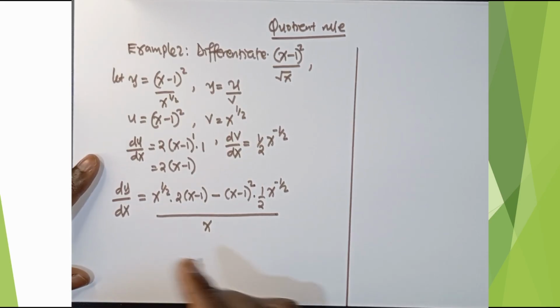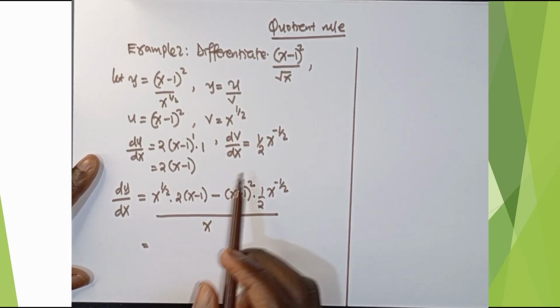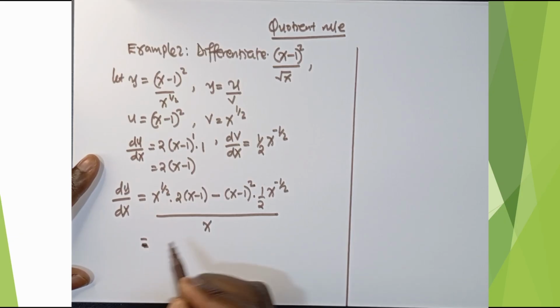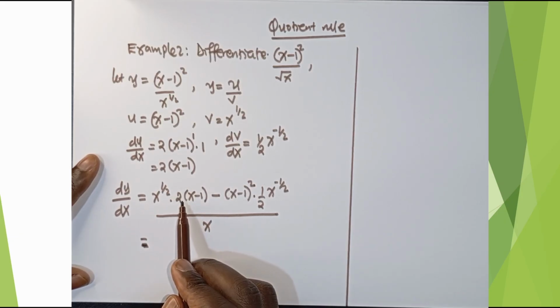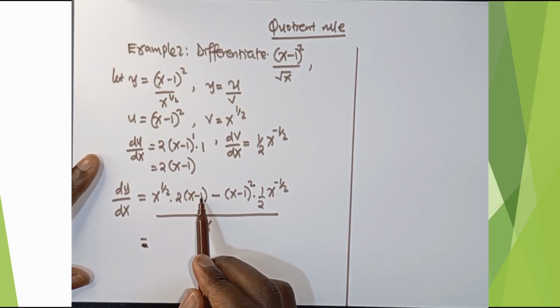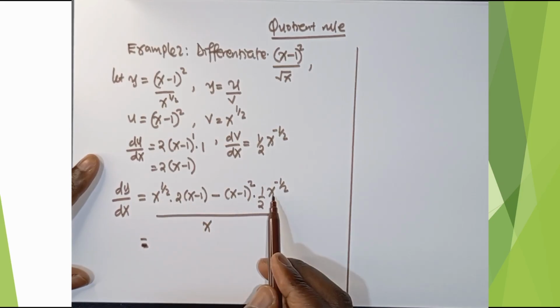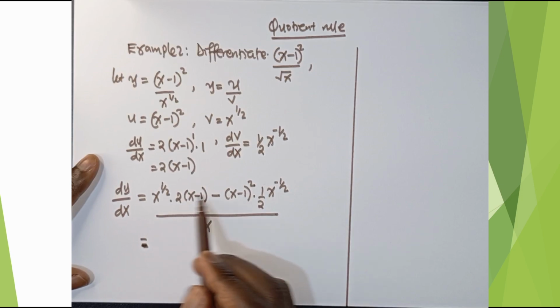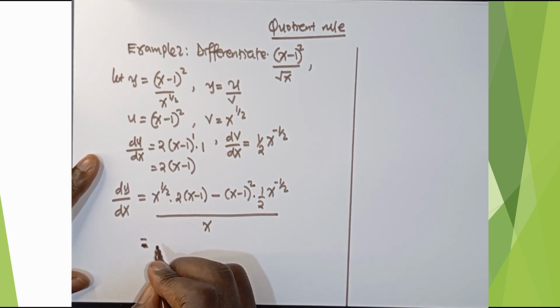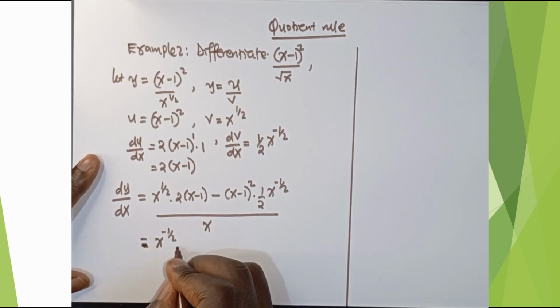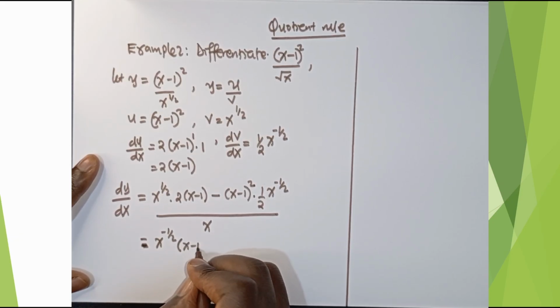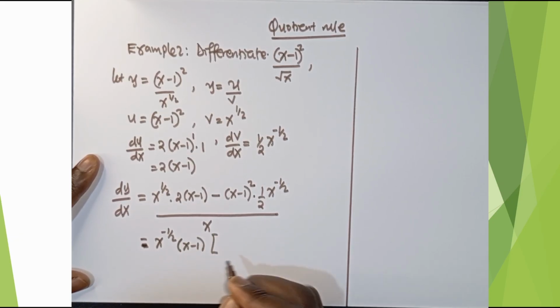Okay, so if you look here, we have a common factor. That common factor is x minus 1, and also x to power negative a half is common. So we shall have x to power negative a half into x minus 1. So what are we remaining with inside?